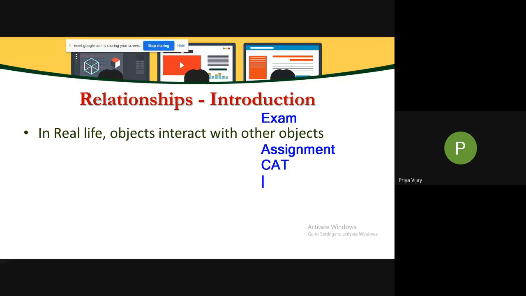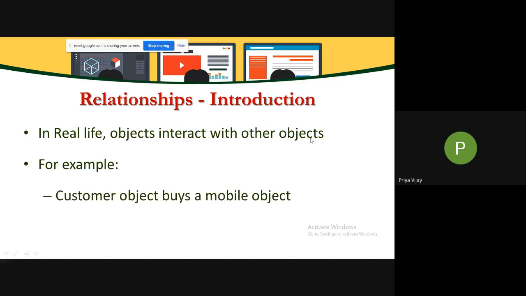I can have one more assessment, which is the end semester exam, which may be another class. So here all these three classes are going to interact with each other to make one class, exam. So in real life, any objects can interact with other objects.